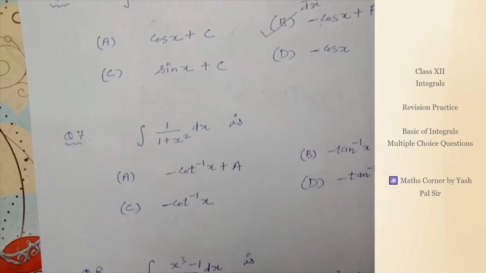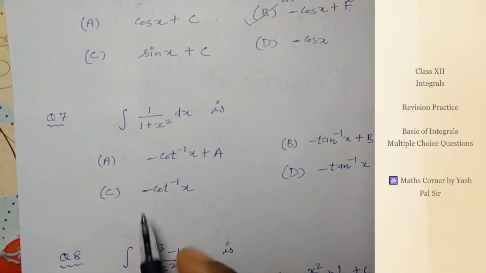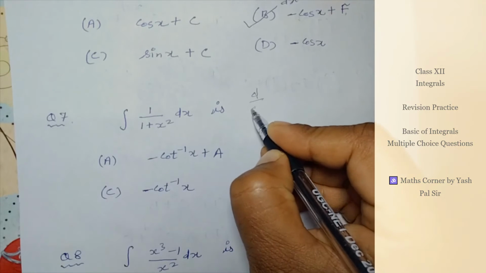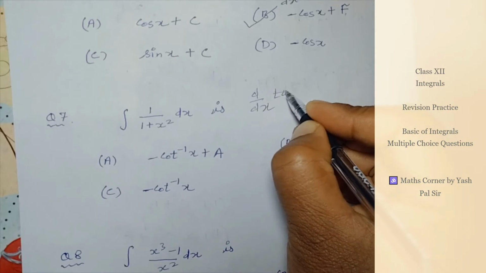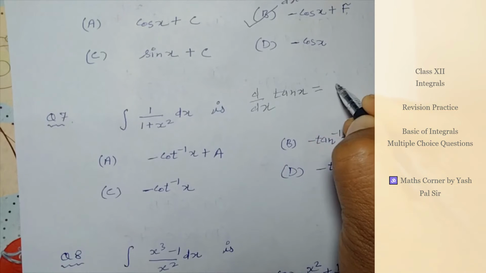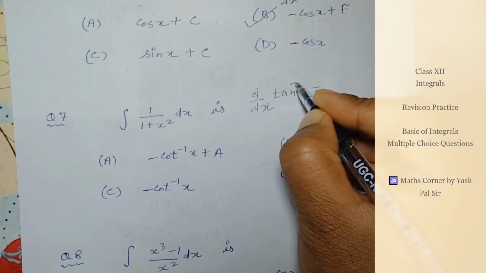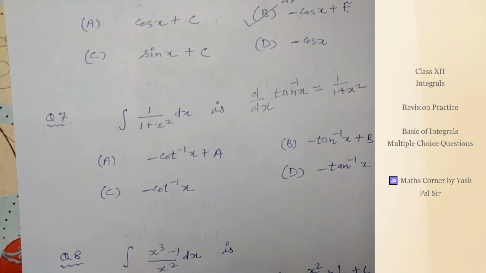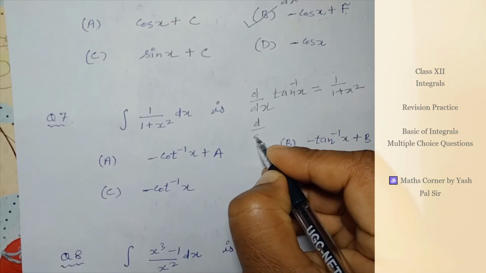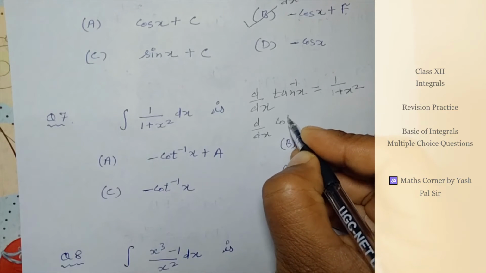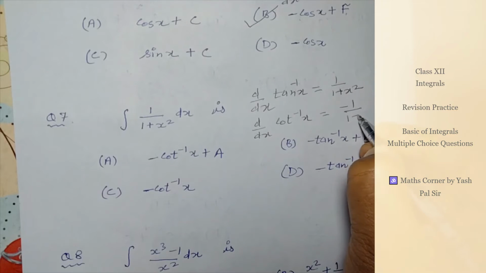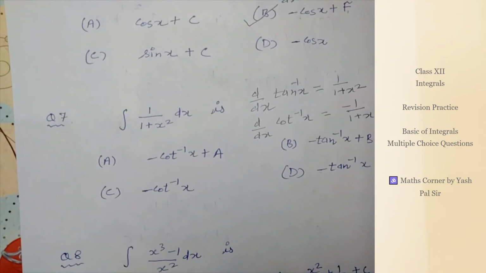Now coming to question number 7, 1 upon 1 plus x square dx. Right? We know that the derivative of tangent inverse x is 1 upon 1 plus x square. Similarly, we also know that the derivative of cotangent inverse x is equal to minus 1 upon 1 plus x square.